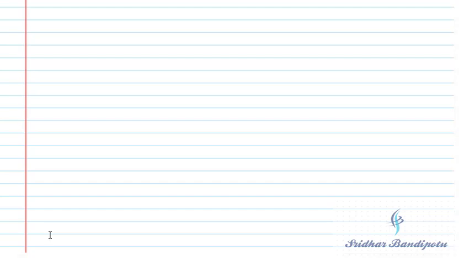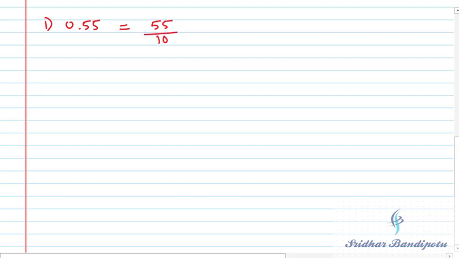So instead of performing division, how can we identify whether it is a terminating decimal or a non-terminating repeating decimal? Let's take a few examples here. 0.55, how can we write it in ratio form? We can write it as 55 by 100, and if you do cancellation, you will get 11 by 20.